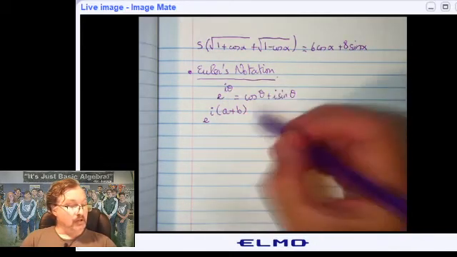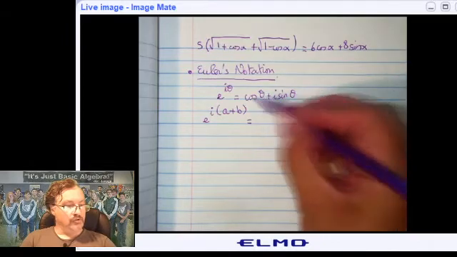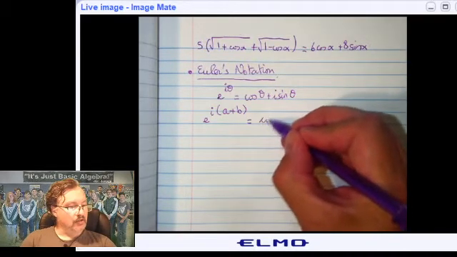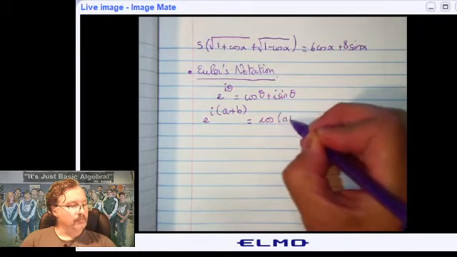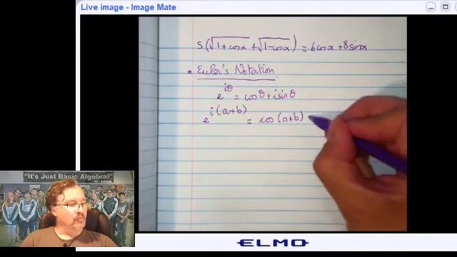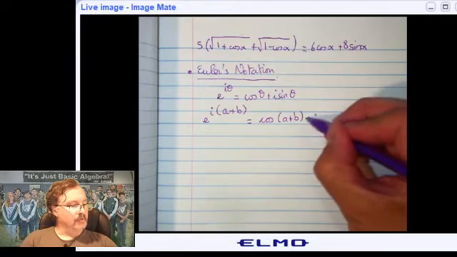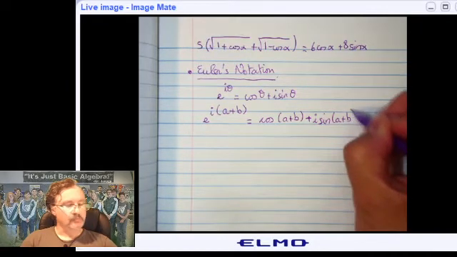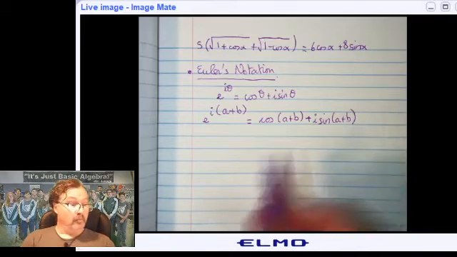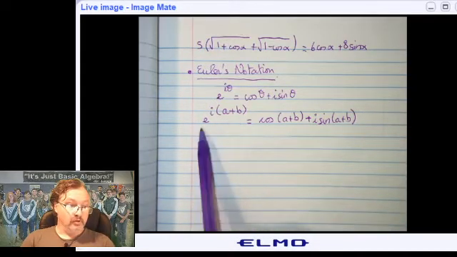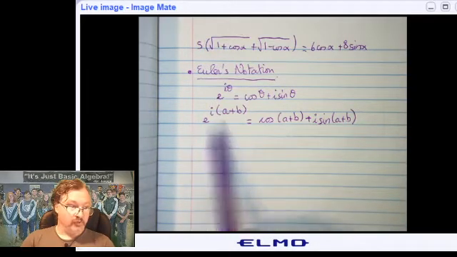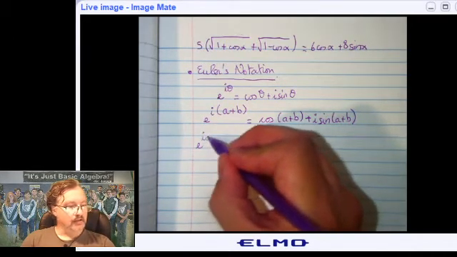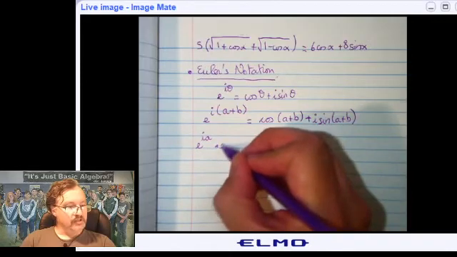Now this here, according to this definition, will be cosine of A plus B plus i sine of A plus B. But according to the rules involving exponents, this is also going to be e to the iA times e to the iB.